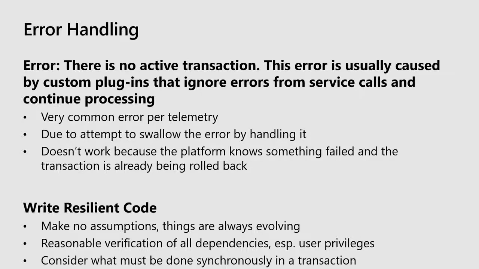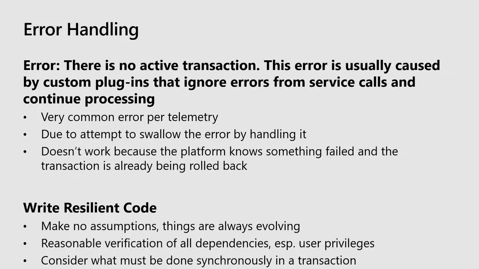The last item I put down here under error handling is writing resilient code. One of the common things we've seen is that when you're writing your plugin, you get the whole execution context, which includes the parent context. The parent context is the whole upstream chain of operations that led to this operation being called.